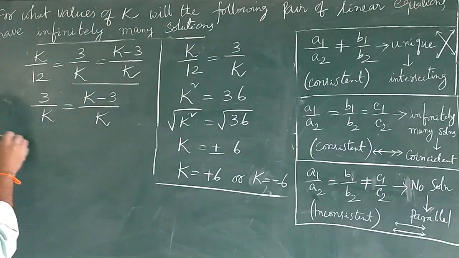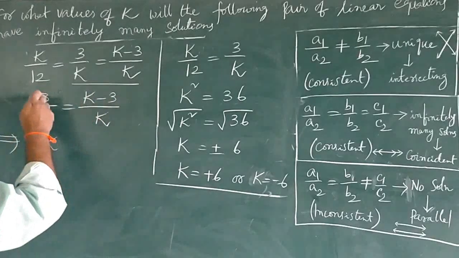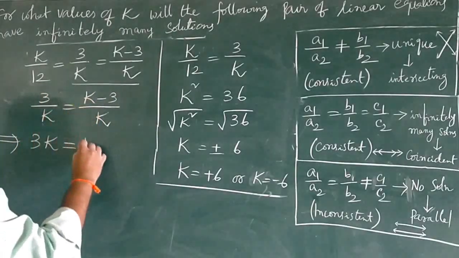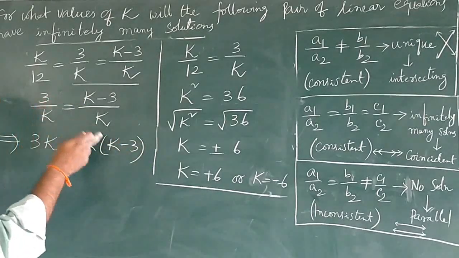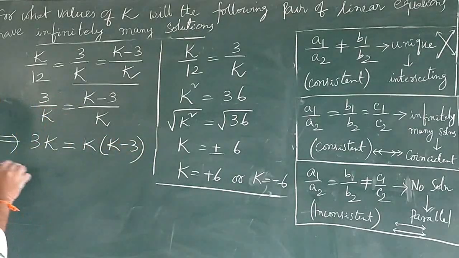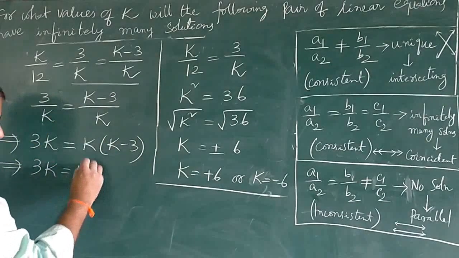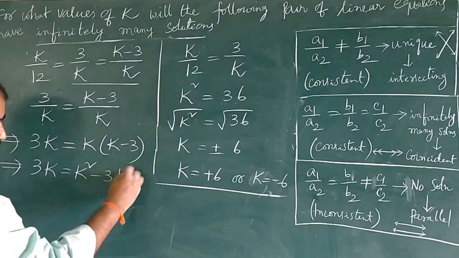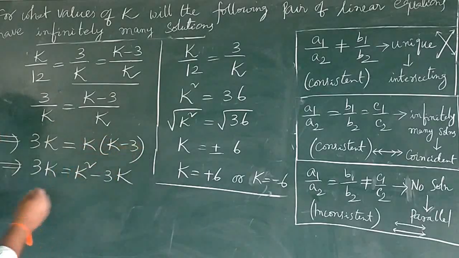Now here also cross multiplication: 3 into k, 3k; k into k minus 3. That implies 3k is equal to k square minus 3k. Distributive property: k into k square, k into 3, 3k.